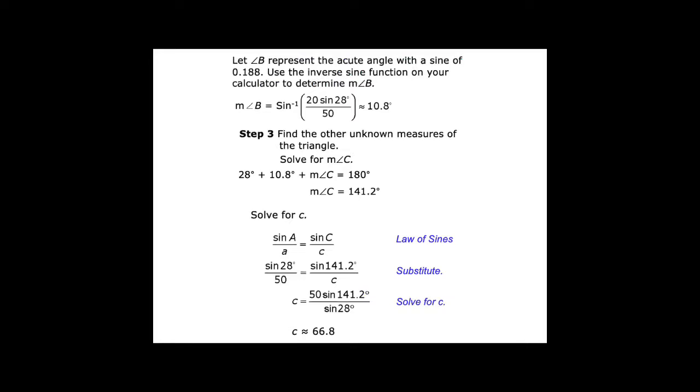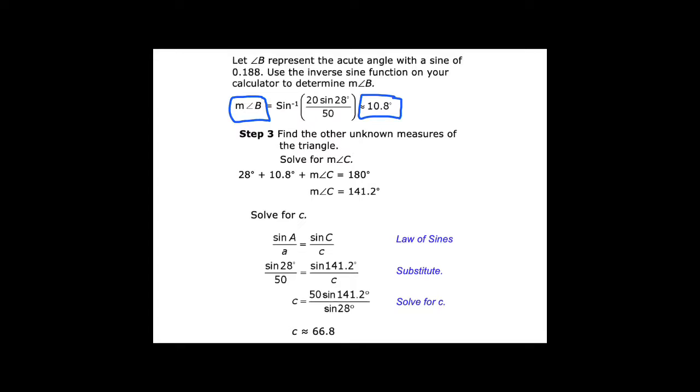Use the inverse sine function on your calculator to determine the measure of angle B. And so the measure of angle B equals the inverse sine of 20 times the sine of 28 degrees over 50, which is 10.8 degrees. So your measure of angle B is 10.8.